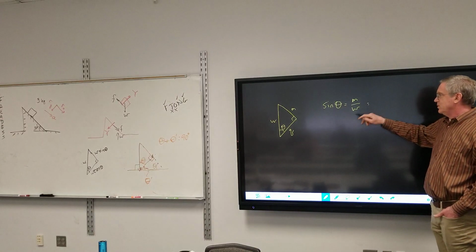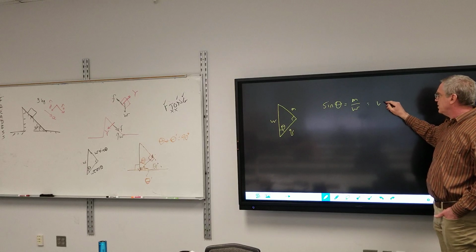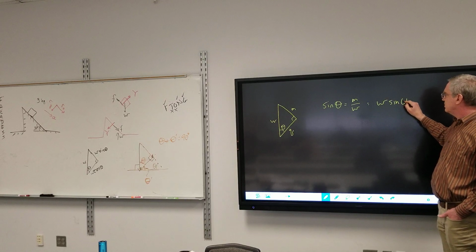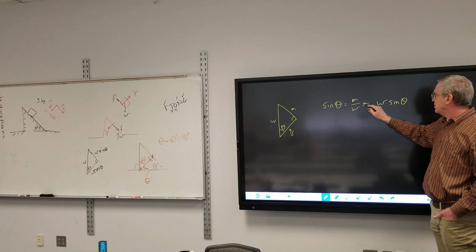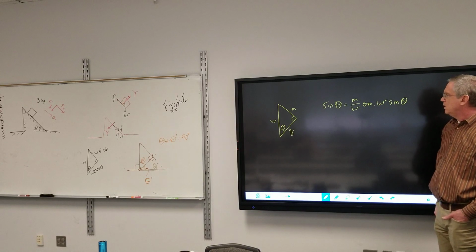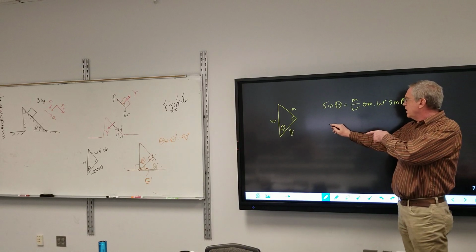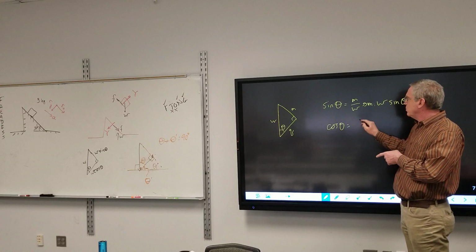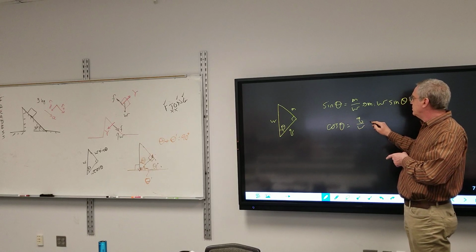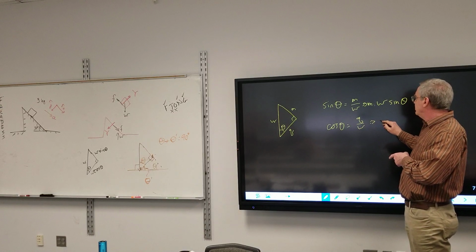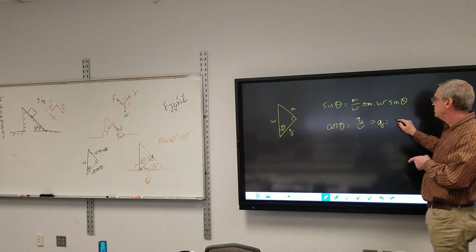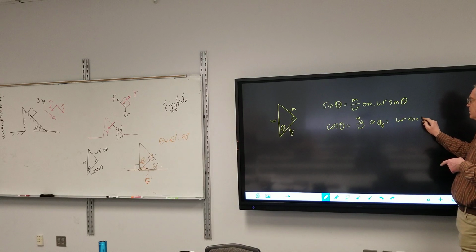Solving for M, which is the opposite length, it's going to be W times the sine of theta. That's bad notation. So M equals. The adjacent side, I know the cosine of theta is equal to the adjacent side divided by W. And therefore, the adjacent length is equal to W cosine of theta.